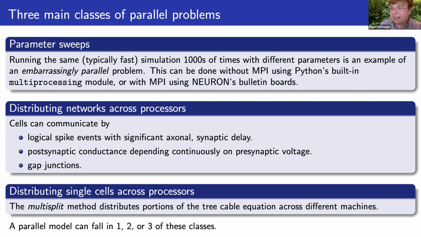We've also sort of hinted at the existence of extracellular mechanisms, so extracellular reaction diffusion, for example. Cells may communicate by modulating chemicals in the extracellular space. There again, you have to simulate and communicate between compute nodes basically at every time step. And again, this is in contrast to chemical synapses that use logical spike events, which are much more efficient.